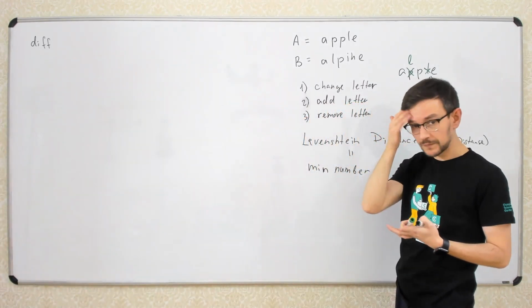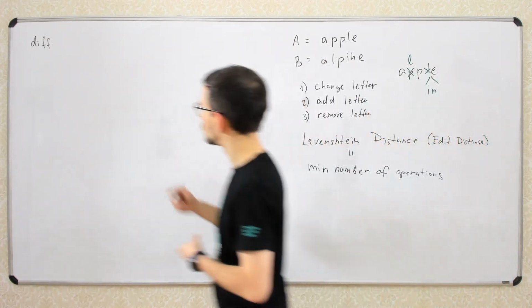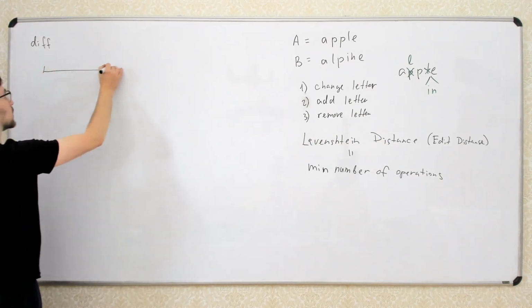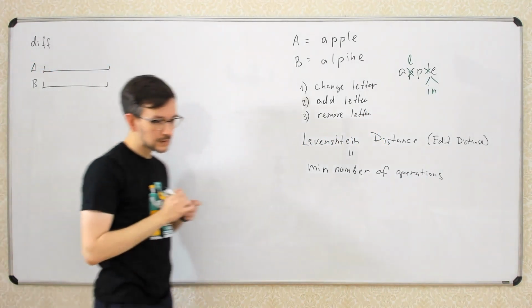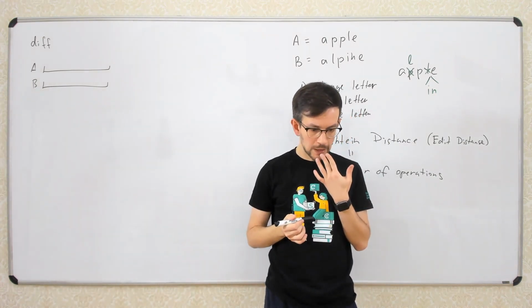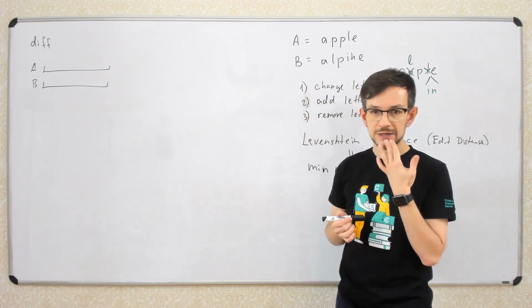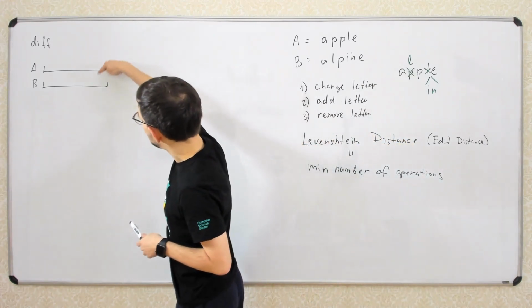How to solve this problem? Now you have two words: some word A, and some word B. Let's look at the last character of both strings.